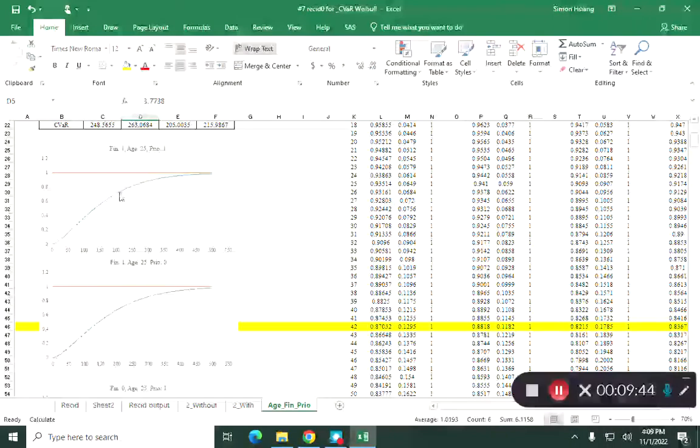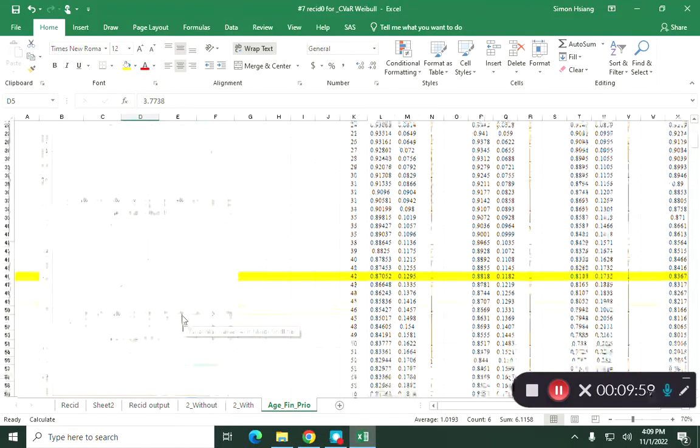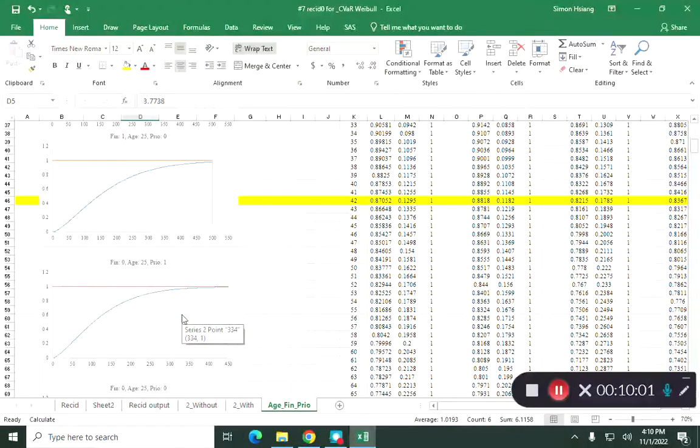At 200, it's still at 0.75. At 200, still at 0.75. Actually, for this one, there aren't too many differences. Okay, let's try another one.